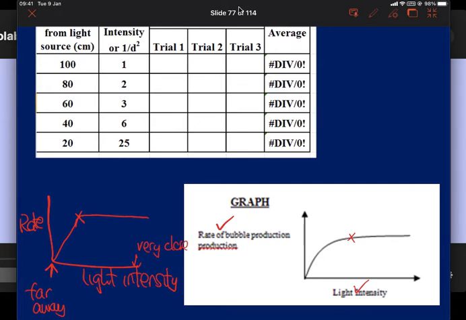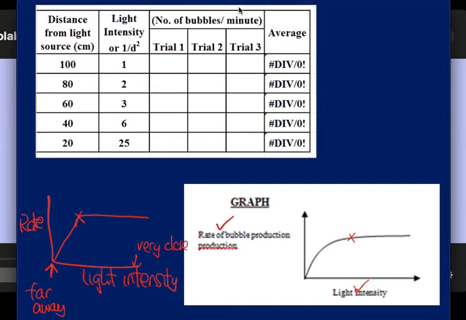Now we need to be able to put this into words. In terms of explaining the result, I should make the point that this X mark, we call it the saturation point. So Irish people understand the word saturation. If you go out and you get saturated, you're soaking wet.